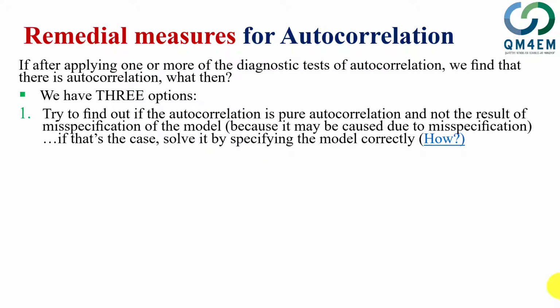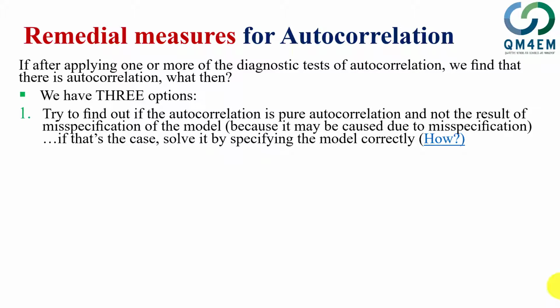is that we have to check if this autocorrelation is pure autocorrelation. We have to confirm whether it is pure autocorrelation caused by some of the usual causes, or whether it is autocorrelation because of misspecification of the model. We already discussed the causes of autocorrelation, in which we saw that a misspecification of the model can lead to a problem of autocorrelation.